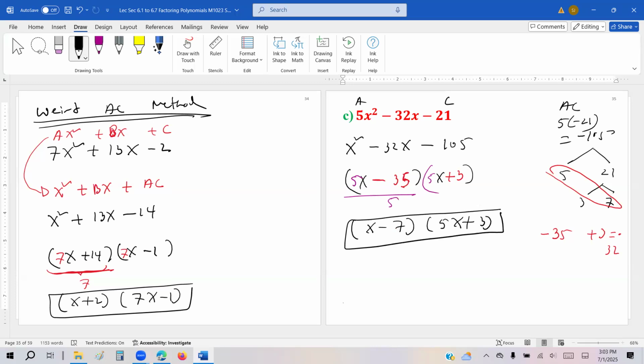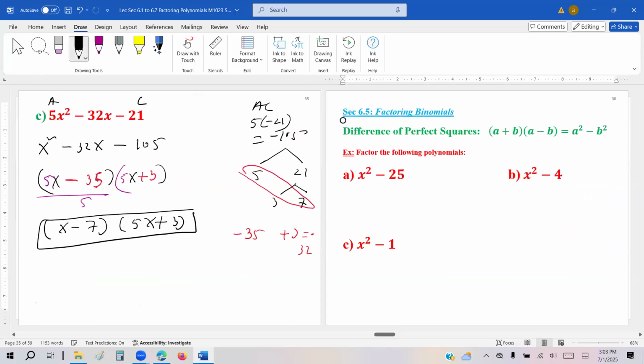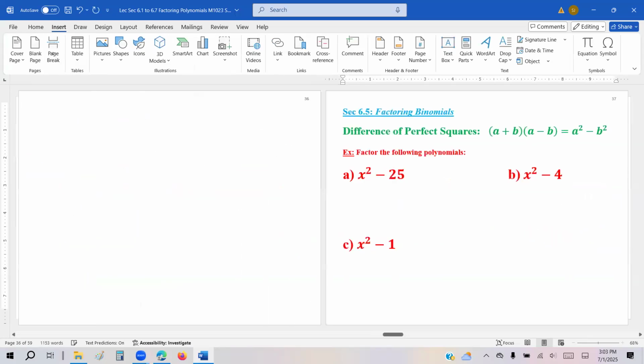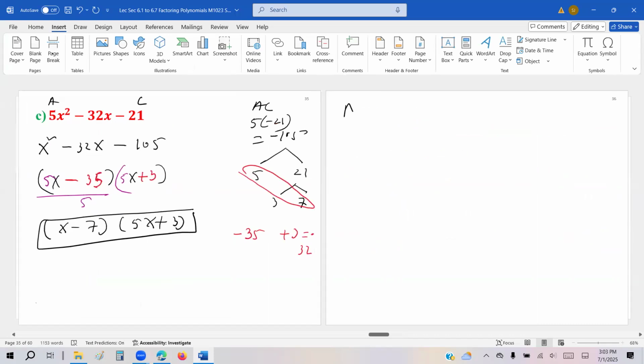You show us the easy method. Sure. You have to do the same thing again. ac method. So this is the weird ac method, and this is the normal ac method.